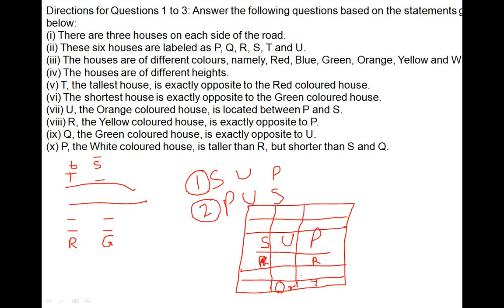Q, the green colored house, is exactly opposite to U. So Q will come here, but it says that, just a second.